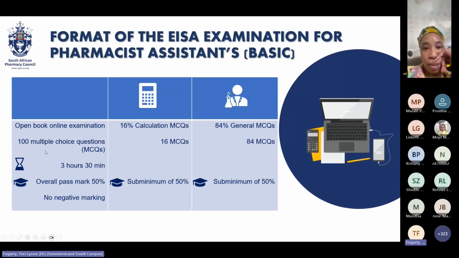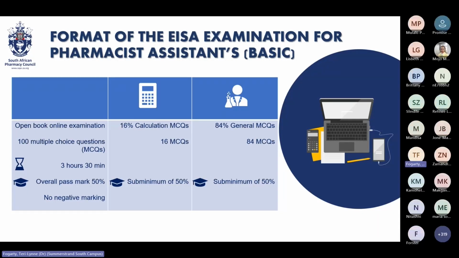Then secondly, the exam itself is 100 multiple choice questions. A multiple choice question means that there's a question followed by 4 options, and you have to select the single best fit. So the single best answer of the 4 answers that you are provided with.